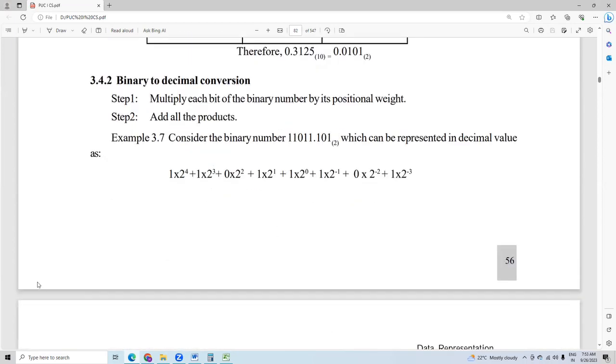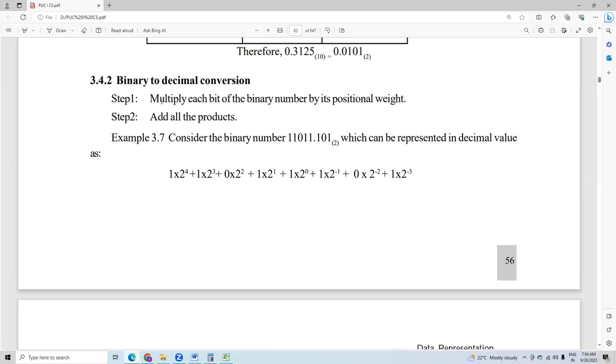Now moving to binary to decimal conversion. See, there we did decimal to binary for a number without a fraction. Then decimal to binary where the decimal number had a fraction. Right. Now we are doing binary to decimal conversion.